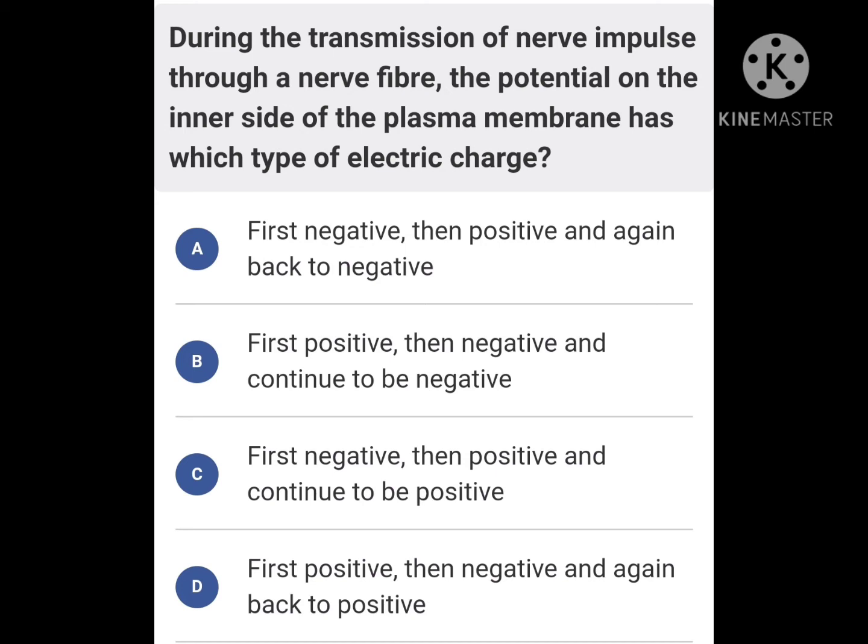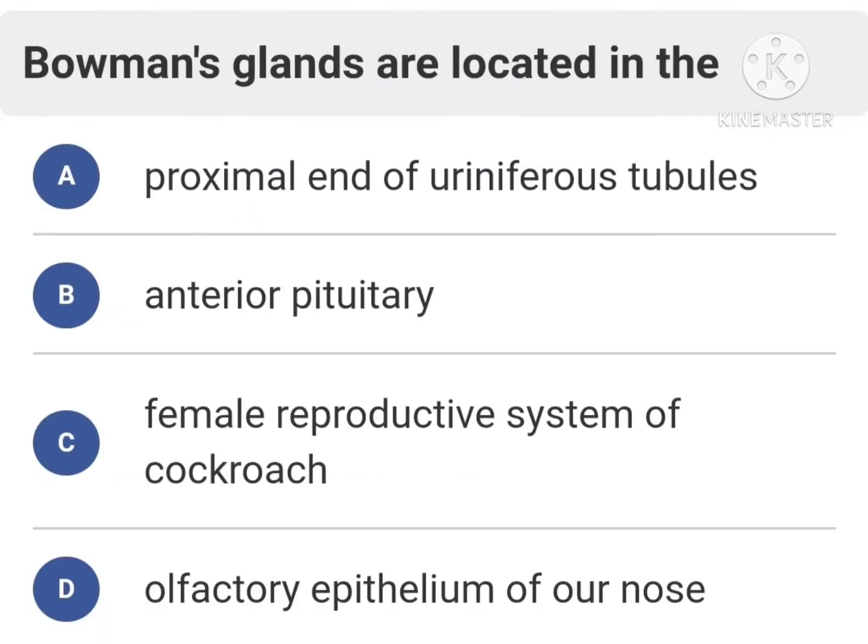At resting potential, the inner side of the plasma membrane is negatively charged. As the stimulus reaches, it becomes positively charged. As the impulse passes away, it regains its original ionic distribution and again becomes negatively charged, and the right option is A, guys.